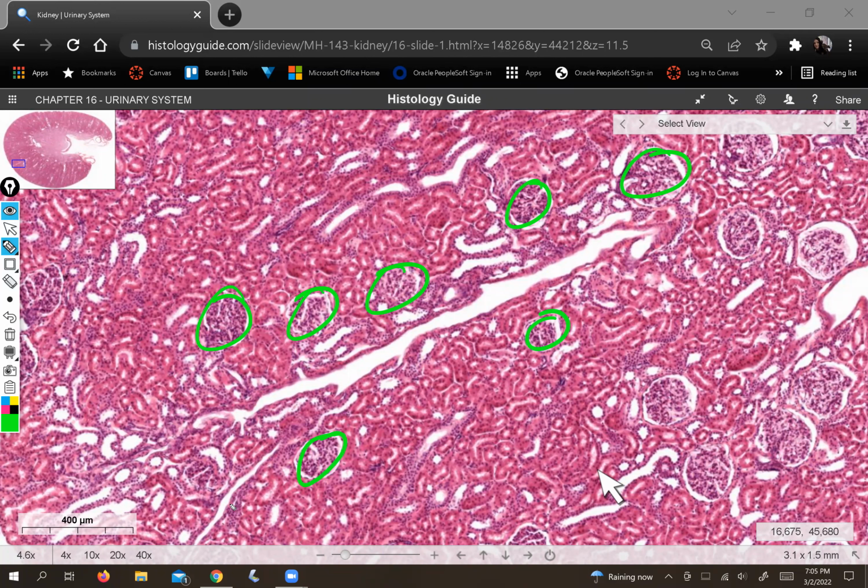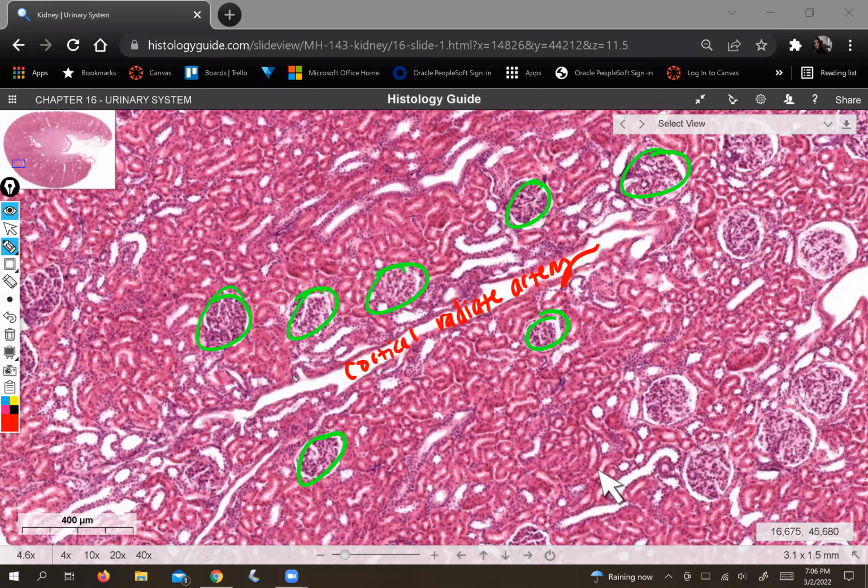So the afferent arterioles leading to these corpuscles are going to be coming from this cortical radiate artery. And in some cases, if you look closely, you can make out the point at which the afferent arteriole breaks off from the cortical radiate artery and heads towards a particular corpuscle.